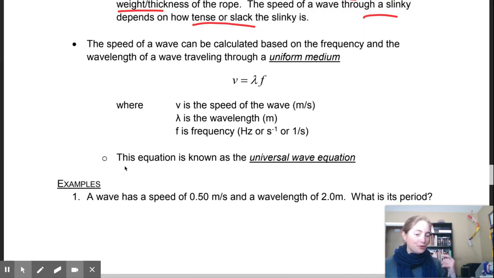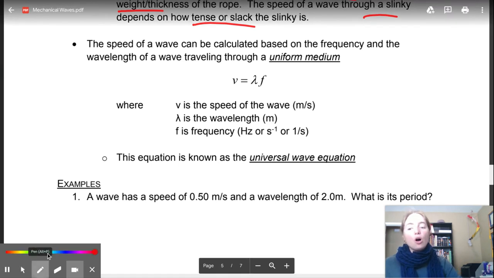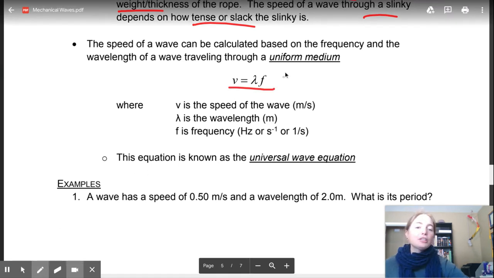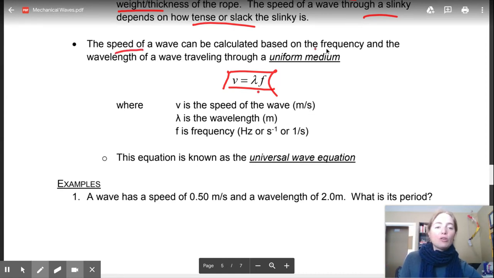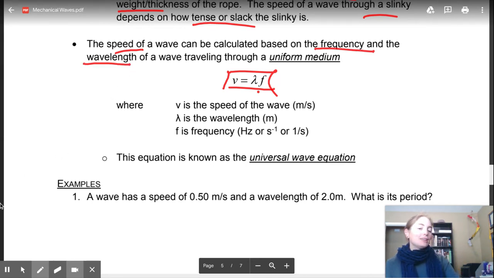So you can use v equals d over t to calculate how fast a wave is moving. You can also calculate this with what is called the universal wave equation. This equation can be used for any wave of any type. The speed of a wave can be based on the frequency and the wavelength of the wave. The frequency, remember, is related to how many wavelengths can go past a certain point in 1 second.